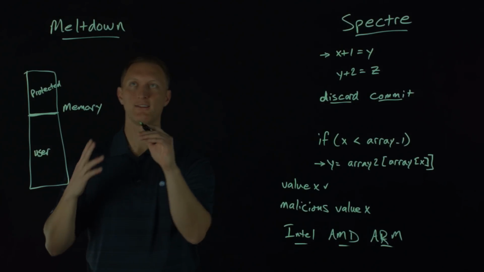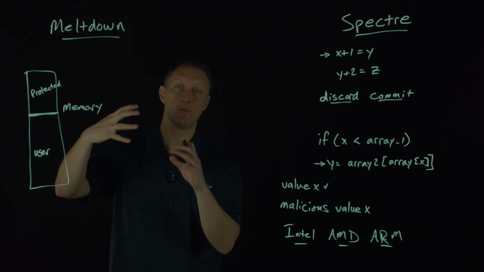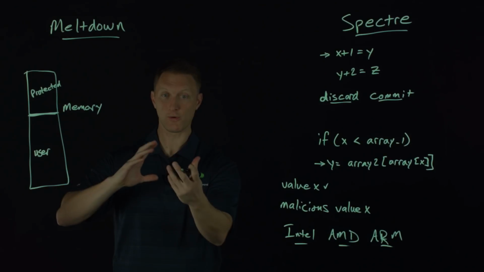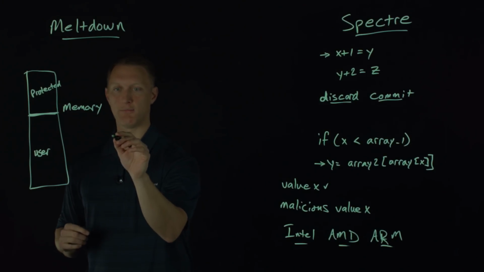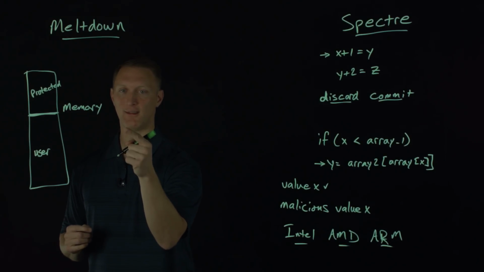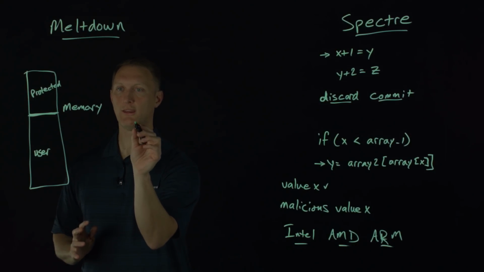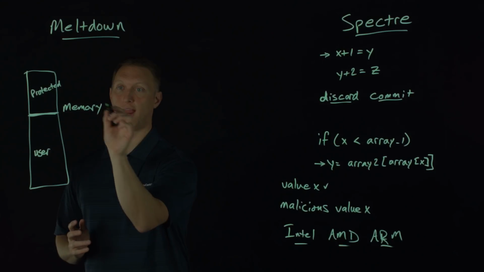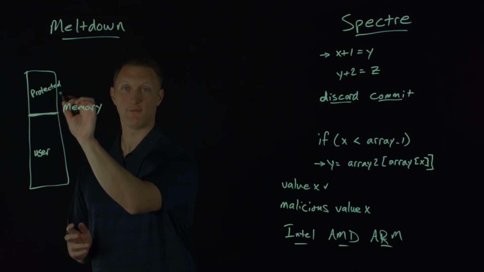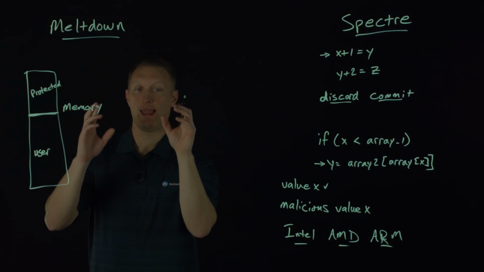But because the processor will actually do instructions out of order, what can happen is a malicious user can send targeted instructions to the processor to say, hey, I want you to access the protected memory of the system.